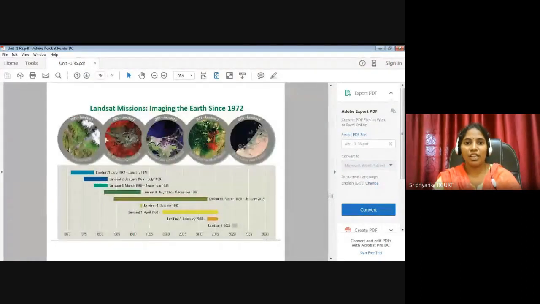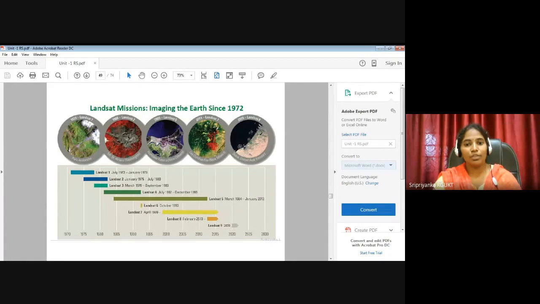The first one, this slide I have already shown you earlier, is Landsat. Landsat is not an Indian satellite; it's an American satellite. It has so many versions, so many different satellites in it. Landsat 1 starting from 1972 to Landsat 9, which is the recent one, from 2021.